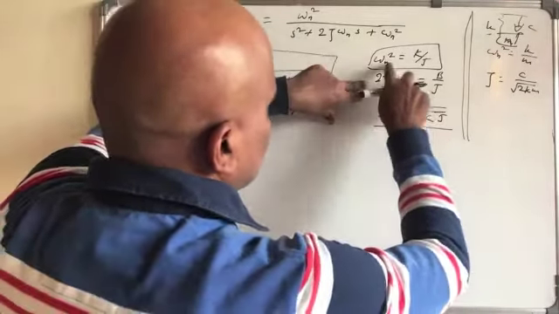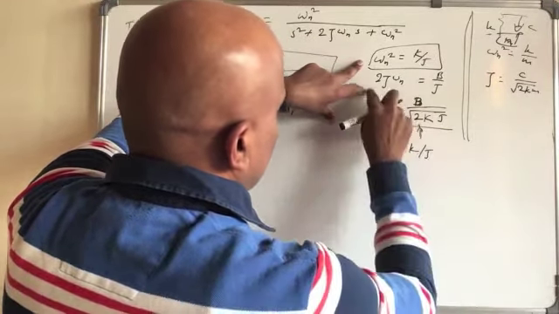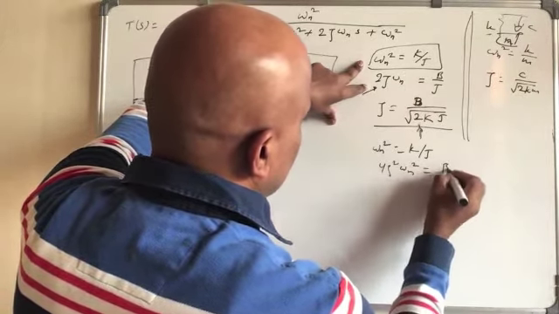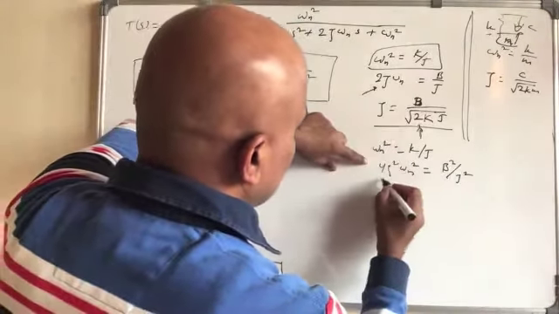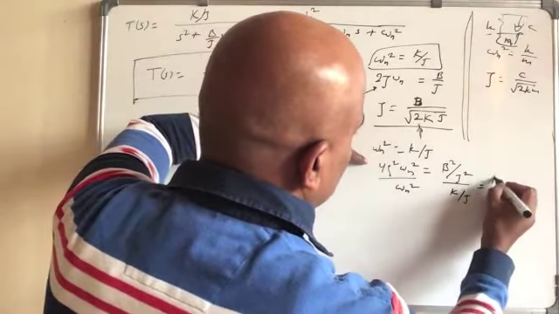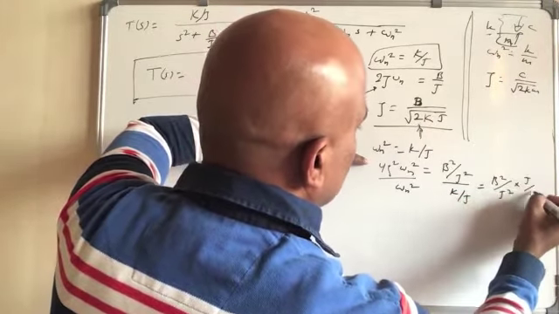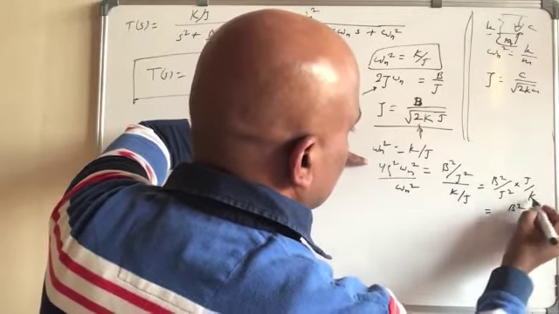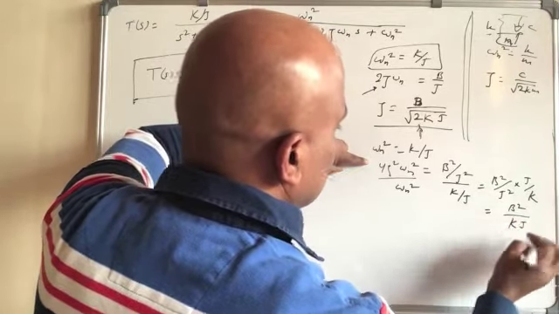So this omega n square, with this we know, right? So omega n square is equal to k over J, and square of this, you do it 4 zeta square omega n square over b square over J square. So we divide by omega n square, so divide by k over J, and what we get: b square over J square multiplied by J over k, and what we get is b square over kJ, right?